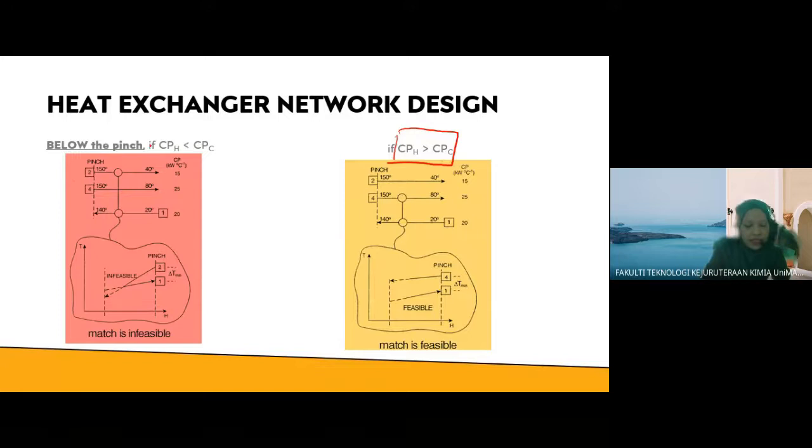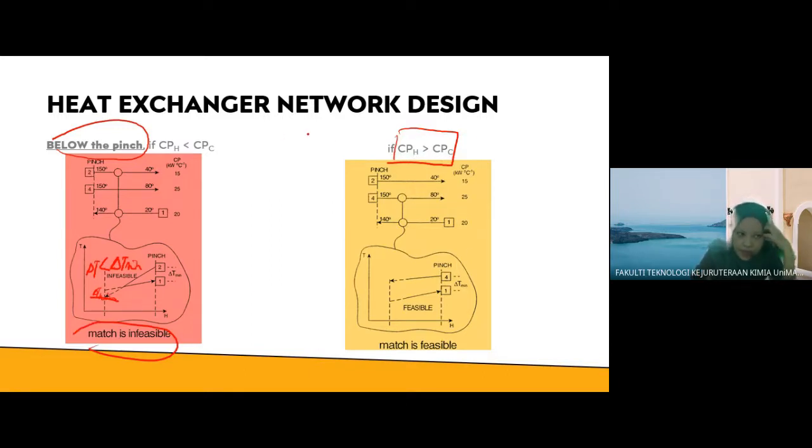So similarly here, if CPH is lesser than CPC, so this is your pinch because this is below the pinch, as you move away from the pinch, your delta T min here reduces. Your delta T here is less than delta T min, meaning that the design is infeasible.